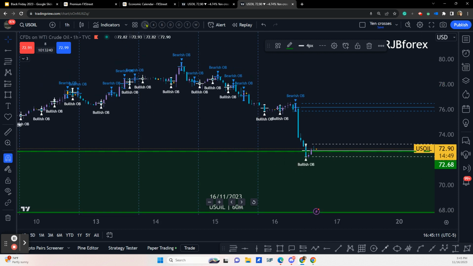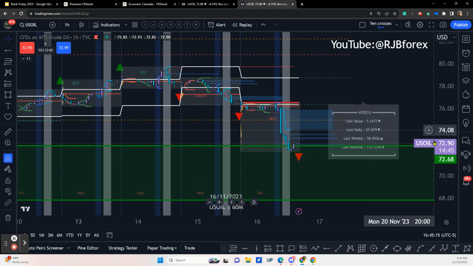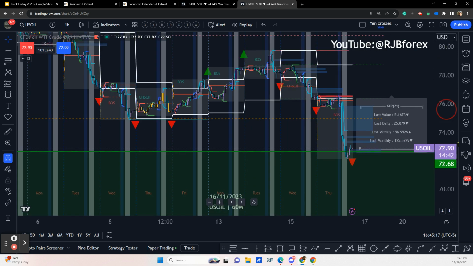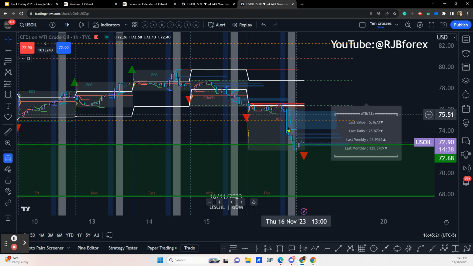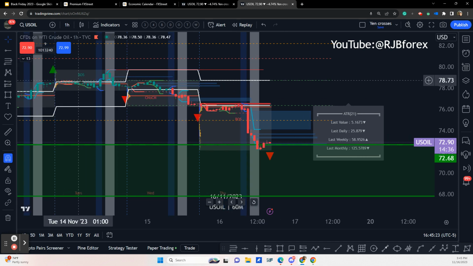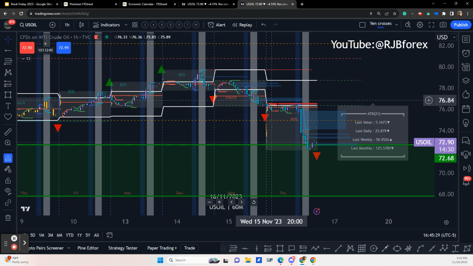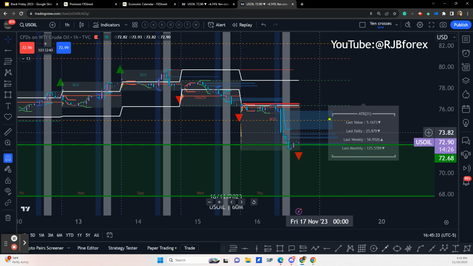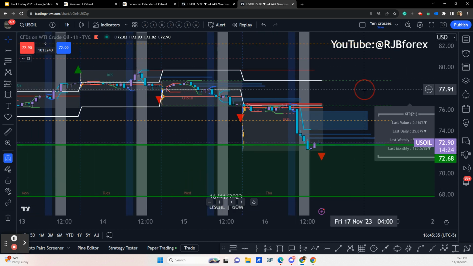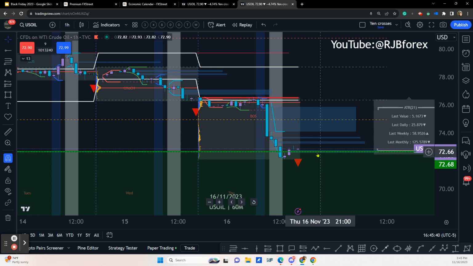Now, if we come out of that template and look at this, we can look at where we're positioned within the week. So we've got Wednesday, Thursday, right? So we've got shorts that came into the market over the course of Tuesday, Wednesday, and Thursday. Now, this doesn't necessarily mean we have to reverse, but you can see now how we're starting to build a picture from that weekly chart.